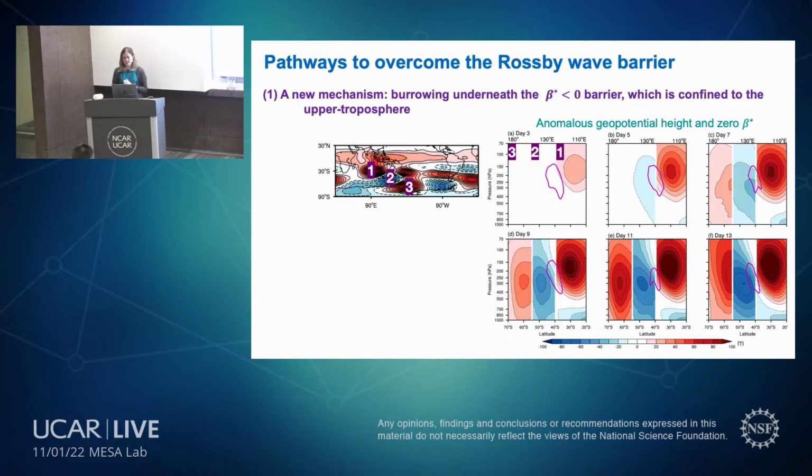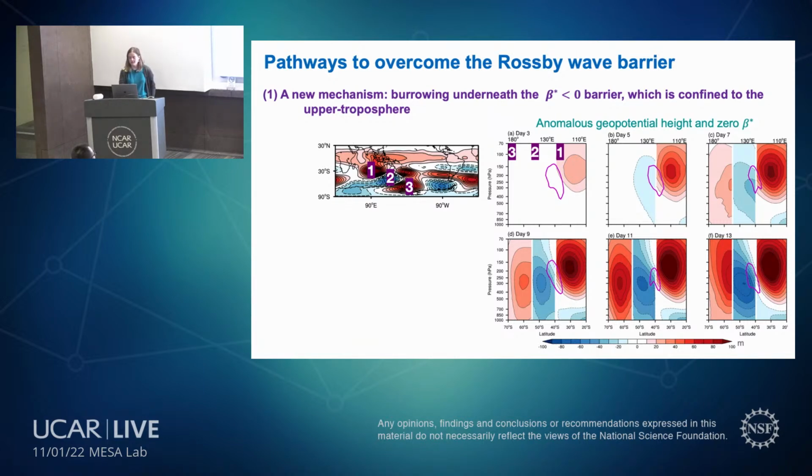And this pathway is nicely illustrated, I think, by this figure, which shows a cross-section that traces the centres of these main 3 anomalies to the west of Australia, to the south, and then closer to Antarctica. In these latitude-height cross-sections, I've averaged the geopotential height over each of these regions and shown them for each domain. So this subtropical anomaly I show from 20 to 40 south and so on.